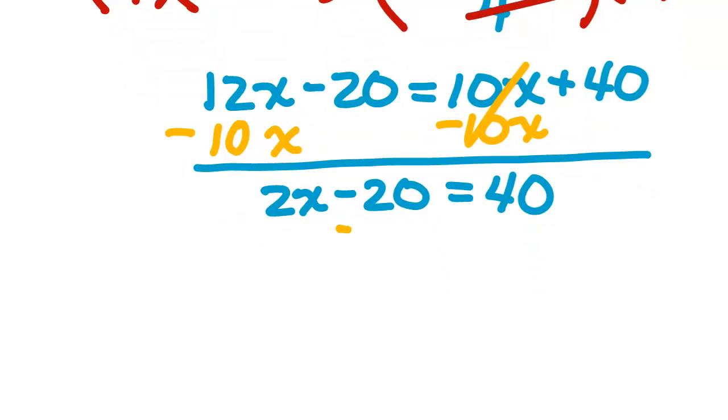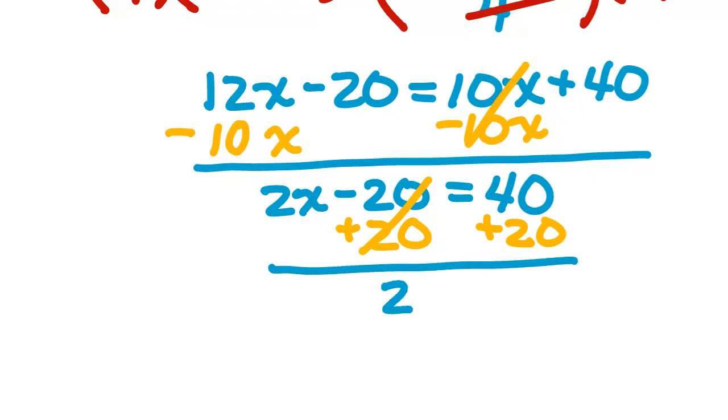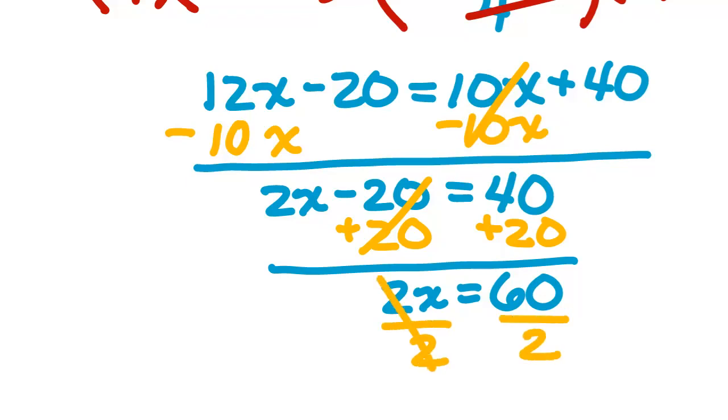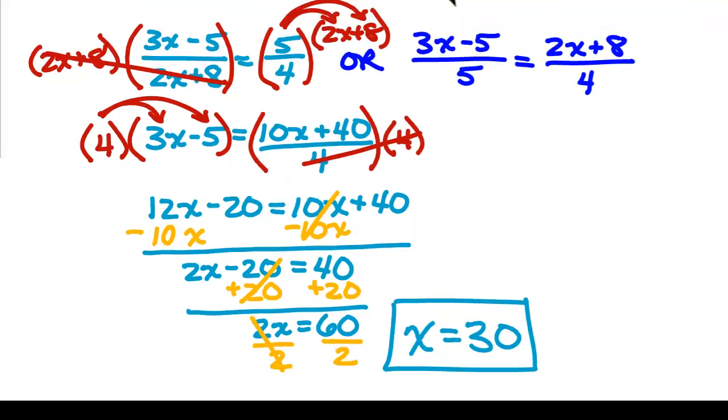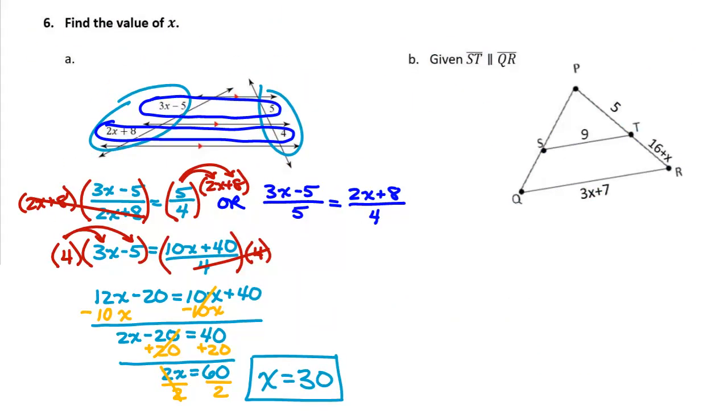To make the minus 20 cancel, we're going to add 20 to both sides. So I get 2x equals 60. And then we divide both sides by 2, and x is 30. Right, so there's part A.